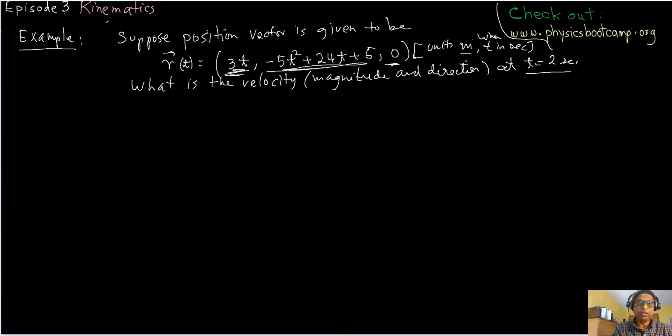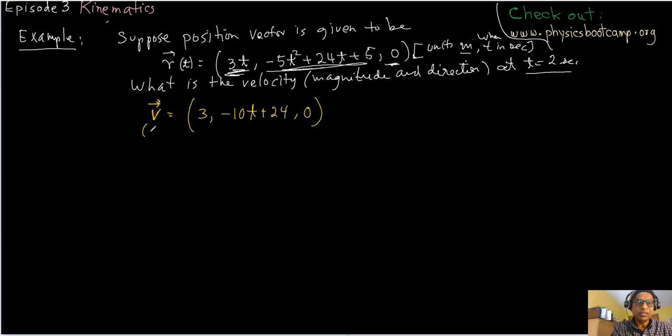So all I have to do is take v, maybe in this different ink. So v is equal to, take the time derivative of this, so this becomes just a 3. The time derivative of this is minus 10t plus 25, and this of course 0.